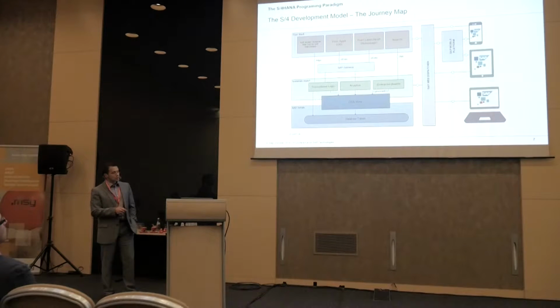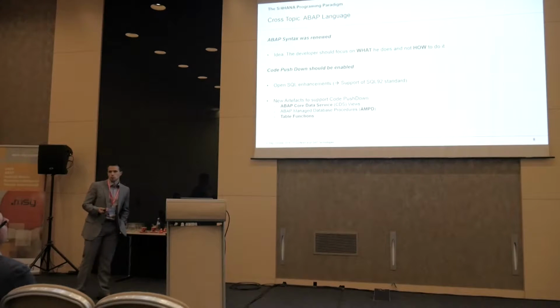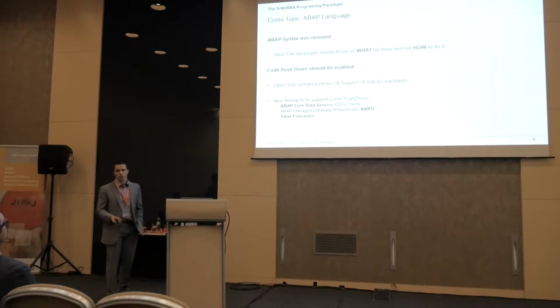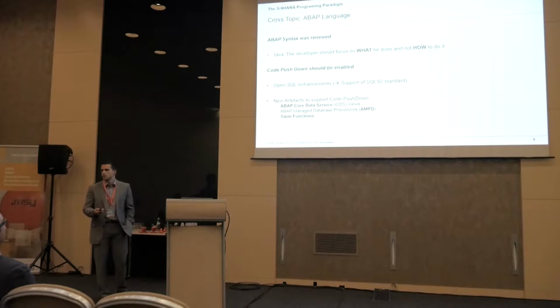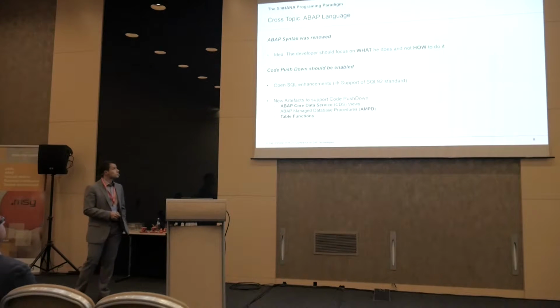Before we now go into the details, there are two cross topics that I want to touch that have changed since NetWeaver 740 and that really cross everything. First one is the ABAP language. When you think back to NetWeaver 7.0, 7.02, 7.31, there were no big changes within ABAP. We had some stuff, like secondary index on internal tables, but nothing cool. With NetWeaver 740, there was really a dramatic change within ABAP. The syntax was completely renewed.